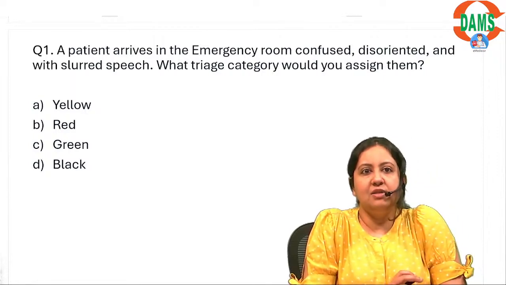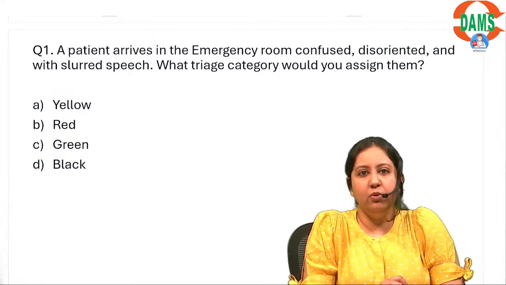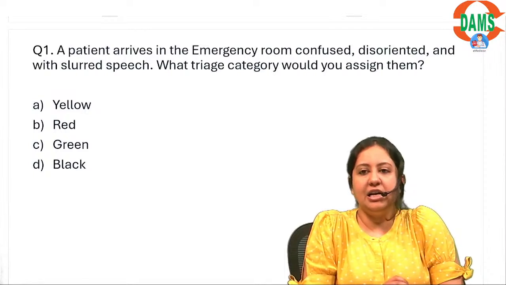A patient arrives in the emergency room confused, disoriented, with slurred speech. What triage category would you assign them? Option A is yellow, B is red, C is green and D is black.